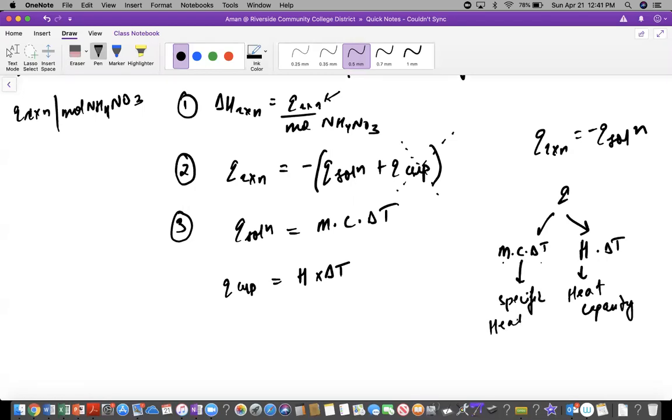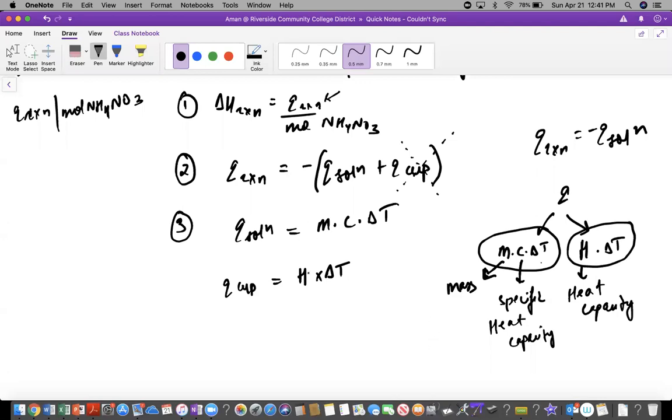And M is, of course, the mass. You can remember them however you like. So these are two formulas for Q. You got to use whichever one you think is more suitable based on the given information.